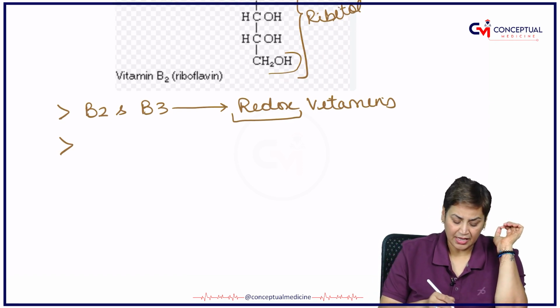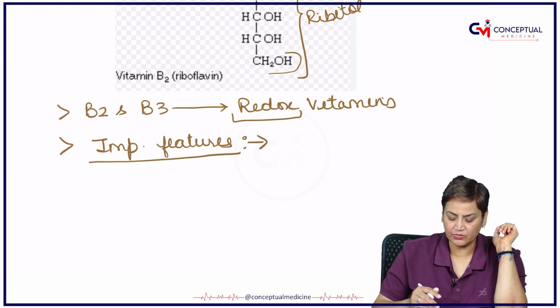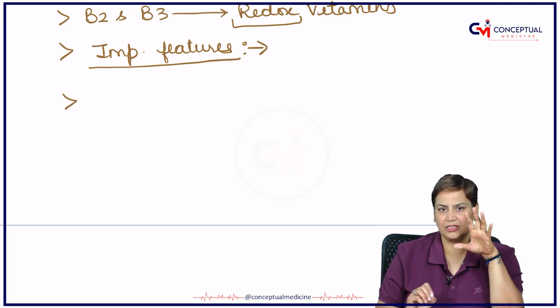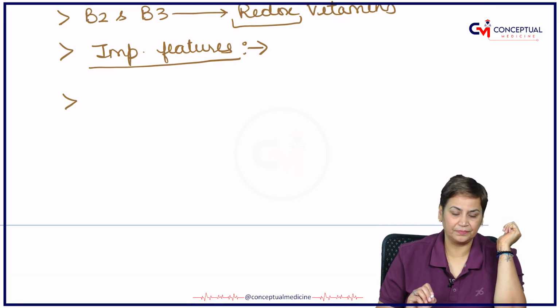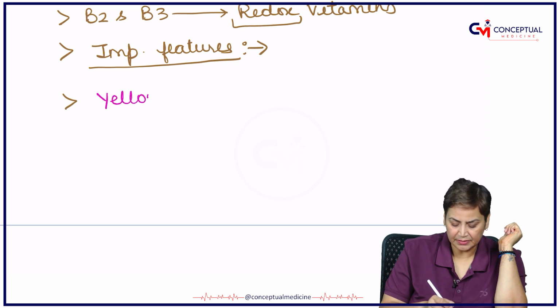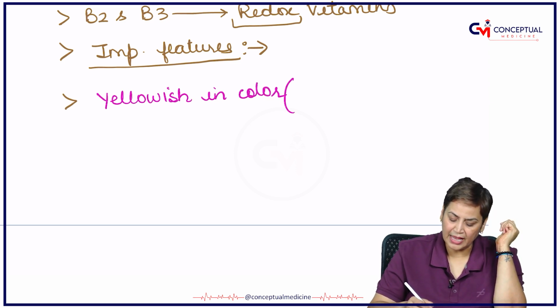Now, what are the important features of this vitamin? The most important one is that cooking cannot destroy this vitamin. And this is yellowish in color, and that is why it is also known as Warburg's yellow enzyme.